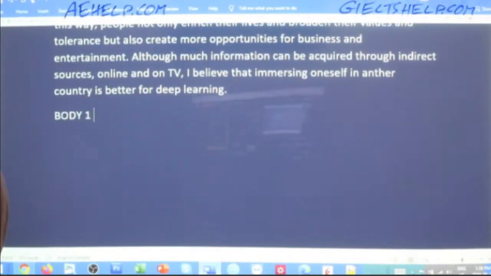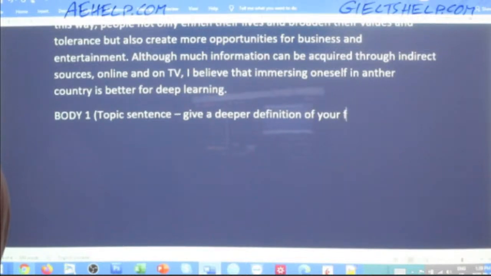And body one, of course, has a topic sentence. And your topic sentence is not a repeat of your introduction. You should not be repeating your introduction. Instead, you should be giving a deeper definition of your first thesis point. Okay?